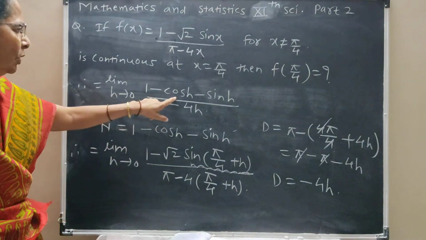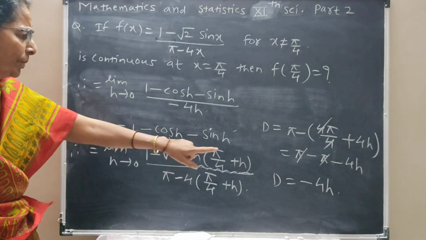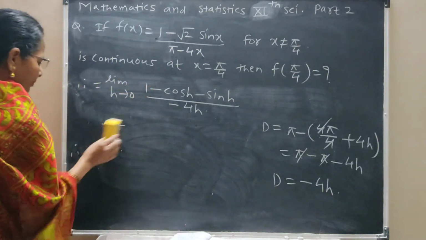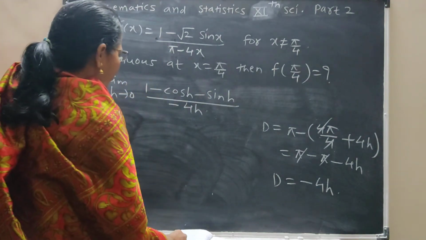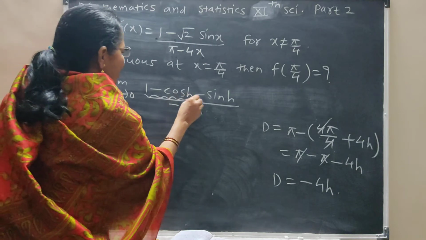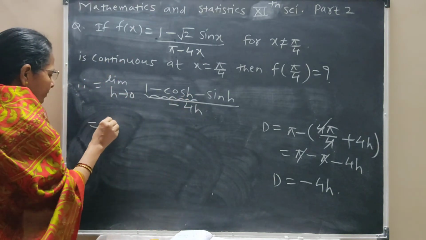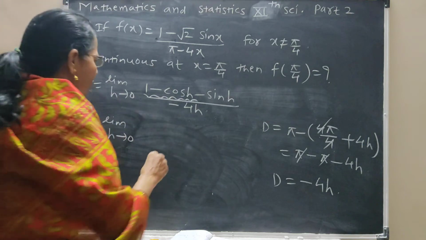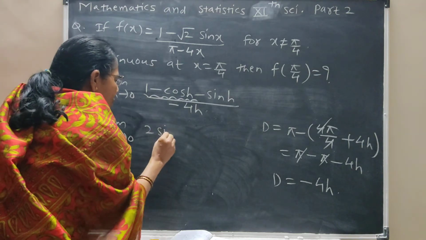For 1 minus cos h, the formula is 2 sin square h by 2.